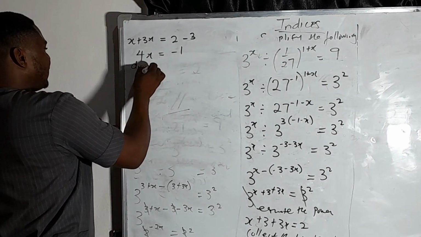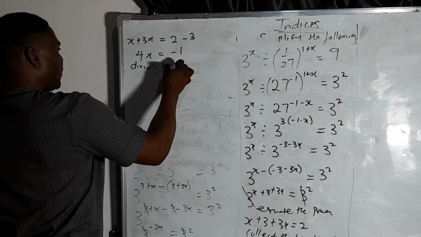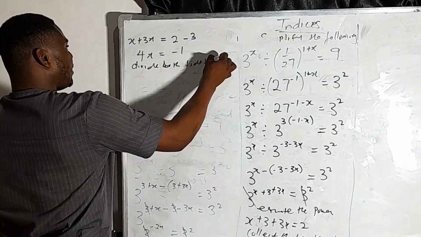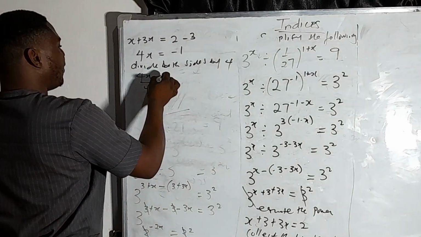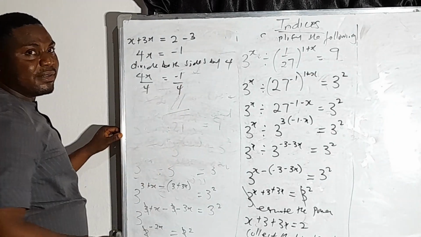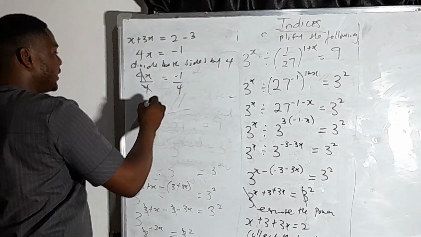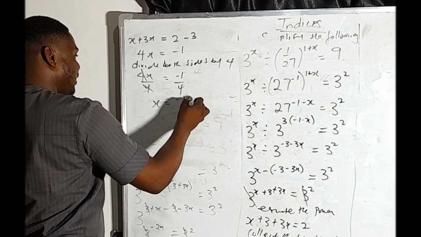Then we divide both sides by 4. 4x divided by 4 equals minus 1 divided by 4. This will go with this. Then x is minus 1 over 4.